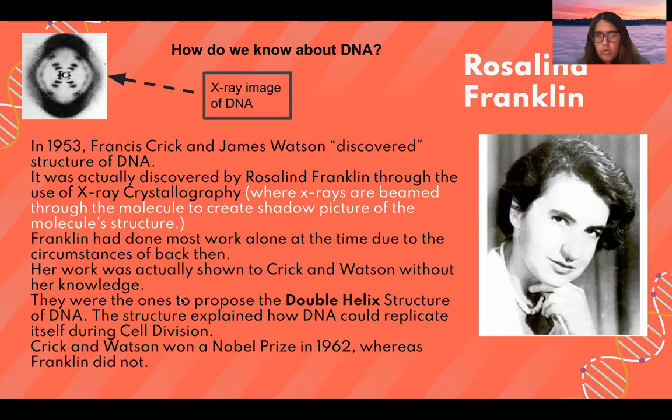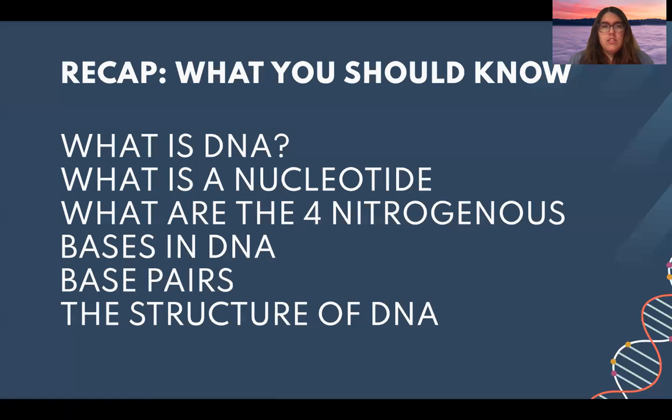They basically stole her work, and they were the ones to propose the double helix structure that could explain how DNA could replicate itself during cell division. Those other two guys, Crick and Watson, won a Nobel Prize in 1962, whereas Franklin did not. But now we know that Franklin was our main scientist here, in which she did all the work to basically discover DNA. All right, so moving on.